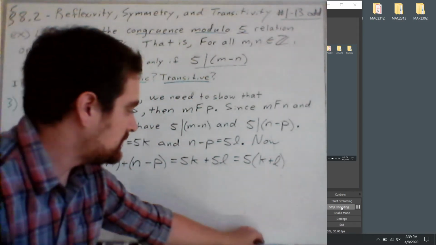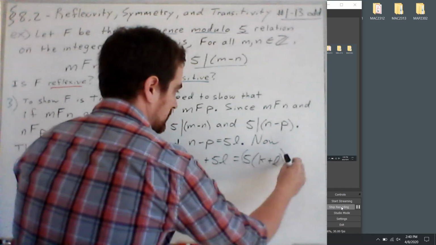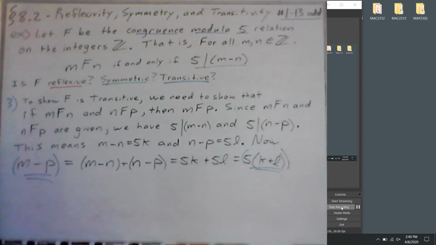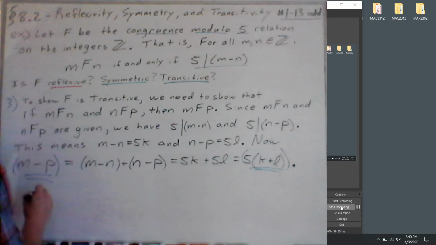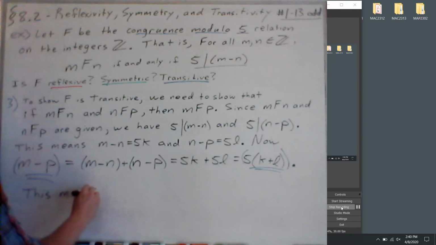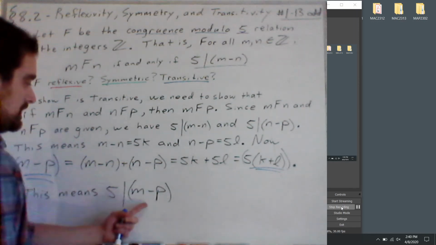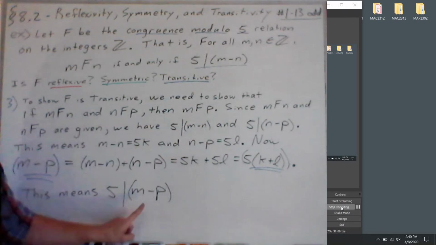And look what we just got. m minus p, this quantity right now, is 5 times some other integer. k plus l is just another integer. So m minus p is a multiple of 5. If m minus p is a multiple of 5, this means 5 divides m minus p, and we're done. We just showed mFp.